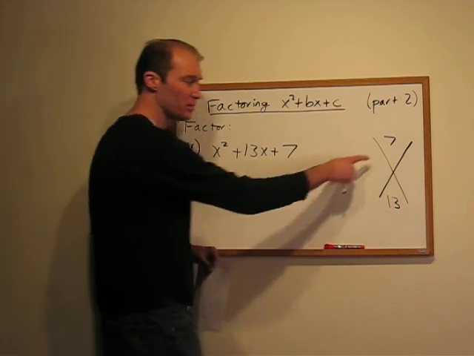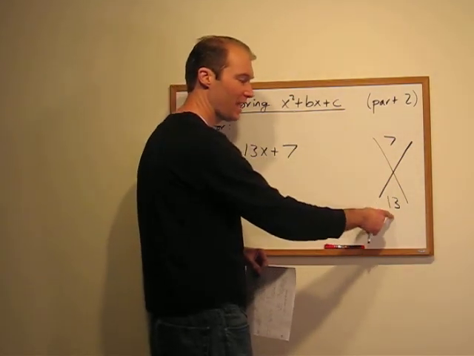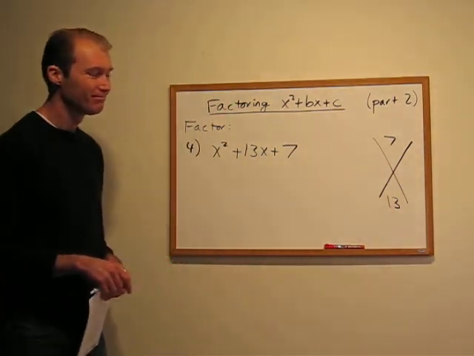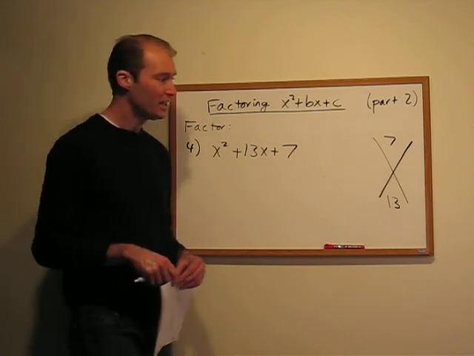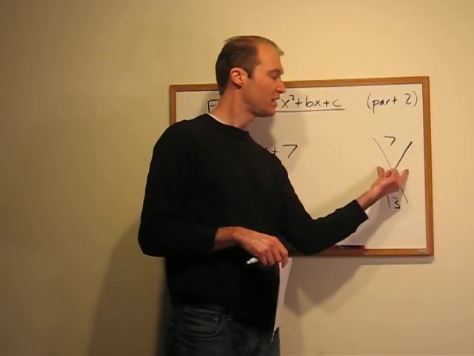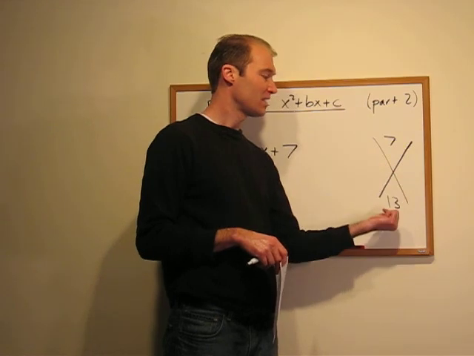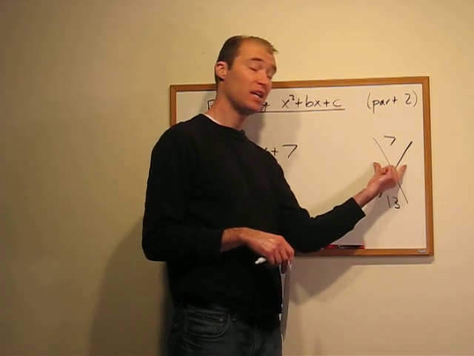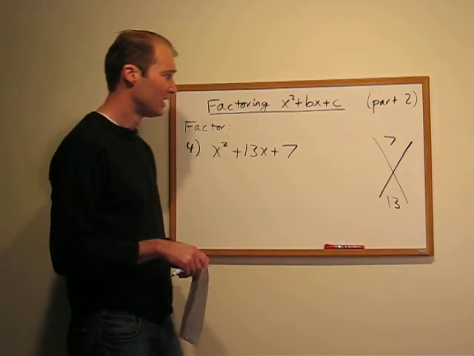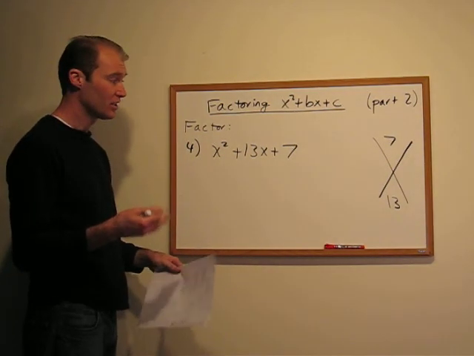Unfortunately, there are no integers that do the trick. If I do 7 and 1, that's not going to add to 13. If I do negative 7, negative 1, that's not going to add to 13. Nothing that I try is going to work.